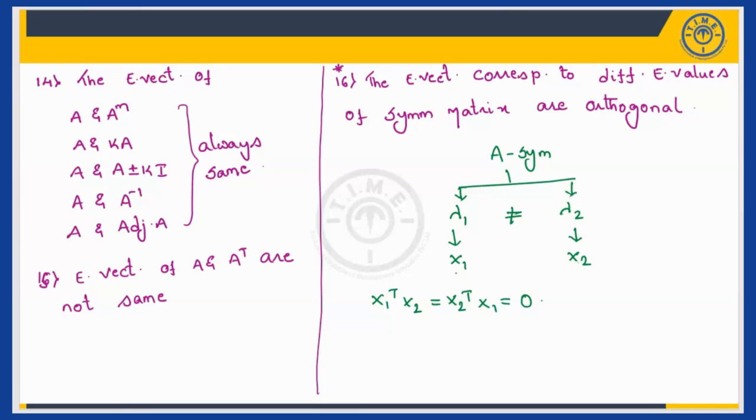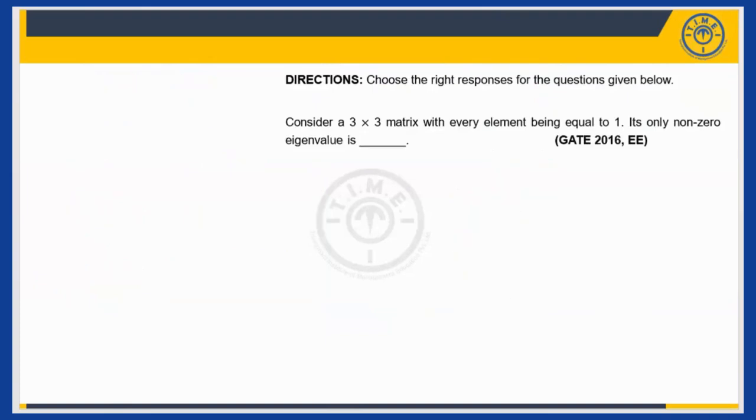Okay, now choose the right response for the question. Consider a 3 cross 3 matrix with every element being 1. Its only non-zero eigenvalue is. Can anyone try? Hmm.